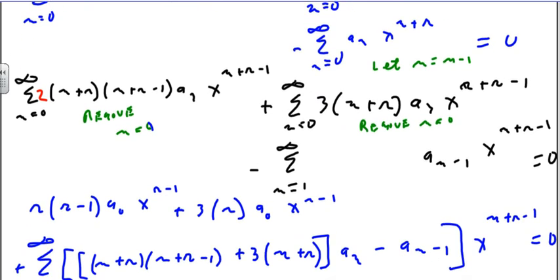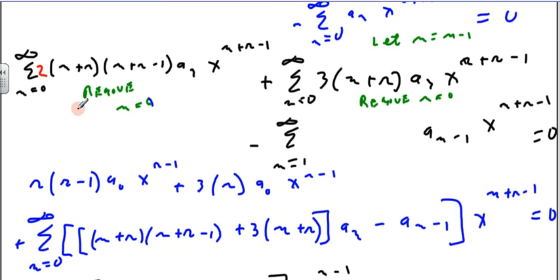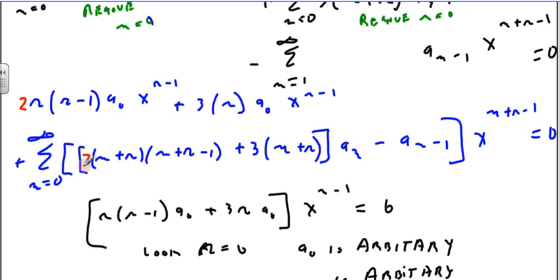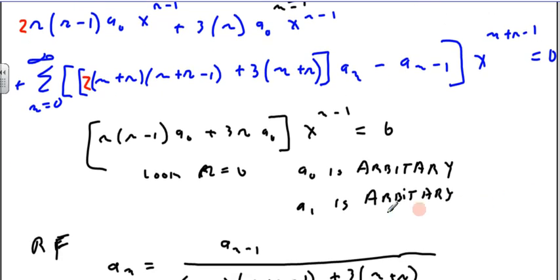When we removed the n equals 0, there was a 2 there. There's a 2 here, there's a 2 there, which doesn't make any difference.